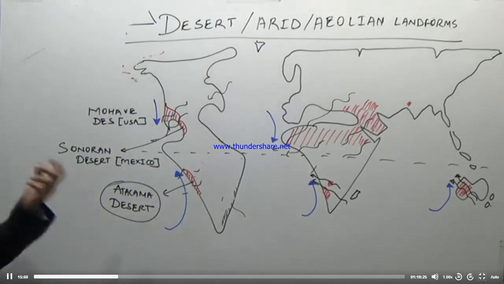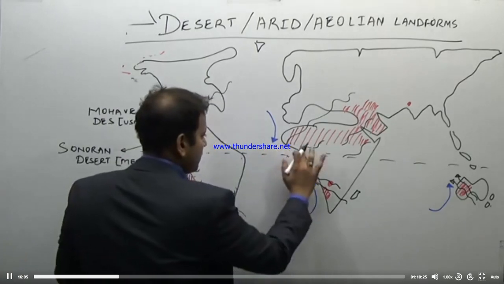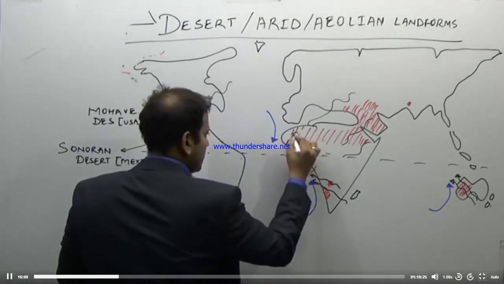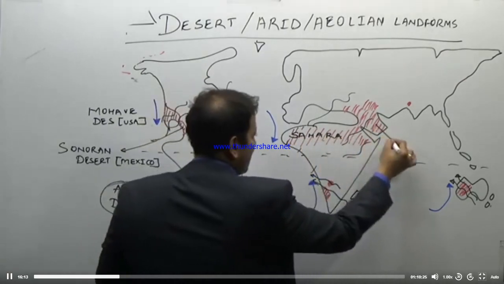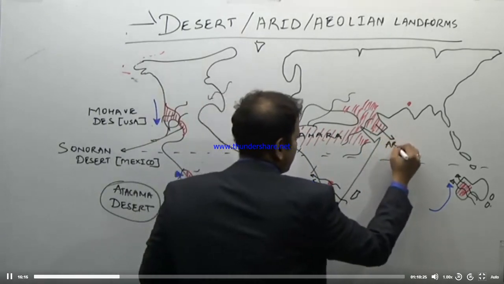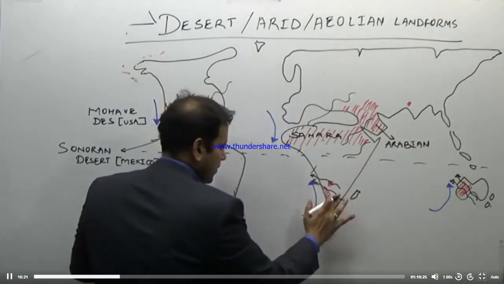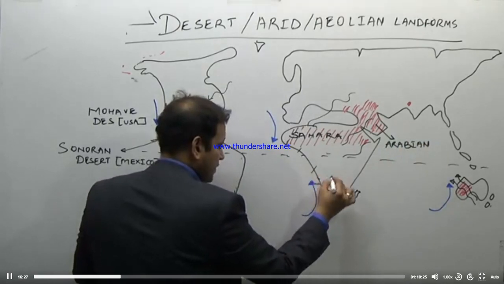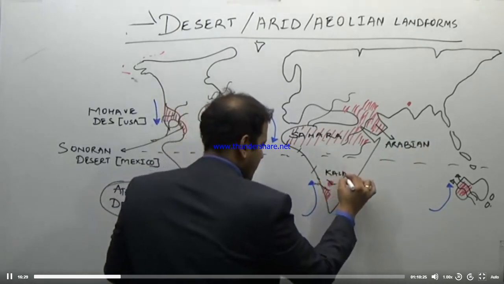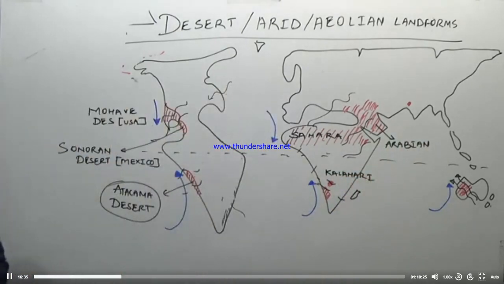Now you know the other kind of desert, the Sahara Desert, the biggest desert. This is the Arabian Desert, associated with Arabian Nights. This is the Kalahari Desert.